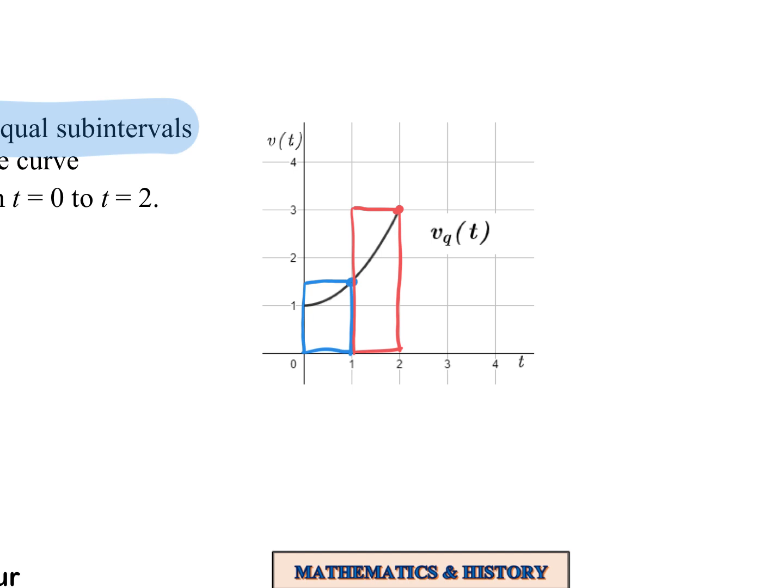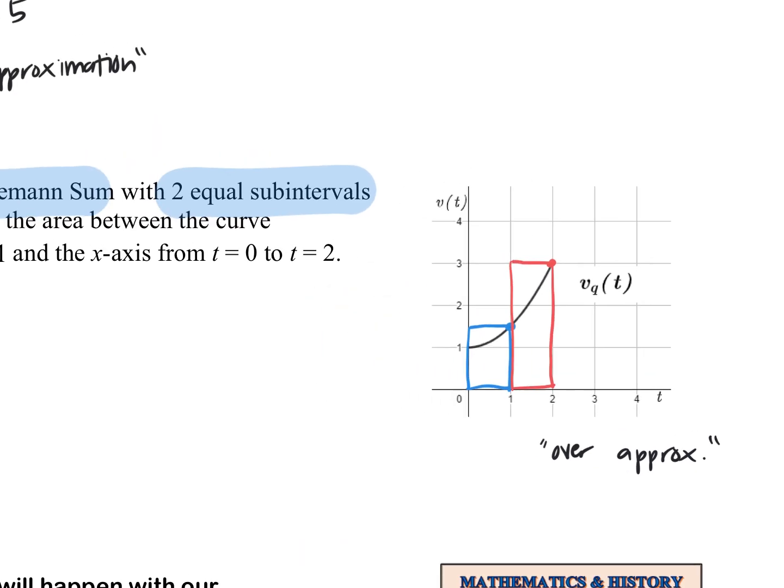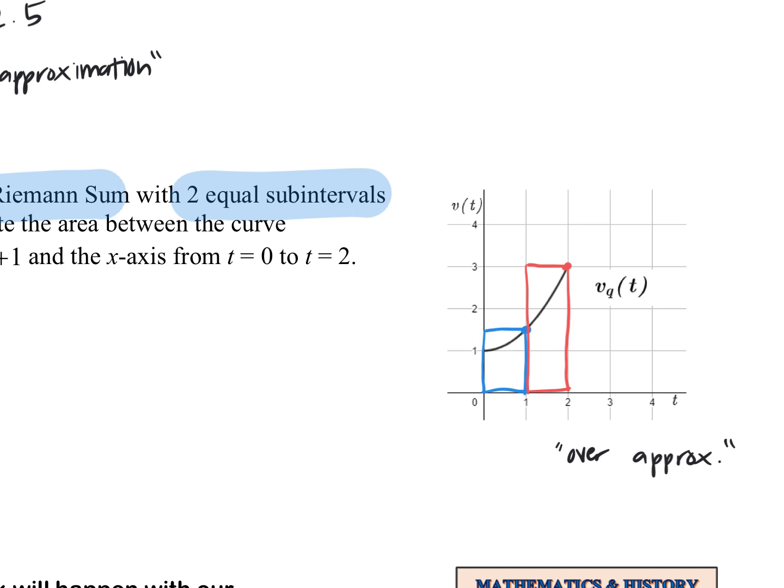Okay, now in this case, just like the last one was an under approximation, this one we're actually accounting for more than we need to, so this one we would call what? An over approximation. Okay, so I can find the area of this as well. The area of my blue rectangle there, we already found that point. Remember that height was at 1.5, so 1 comma 1.5 is that value.